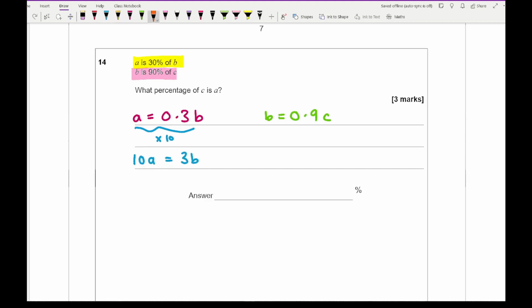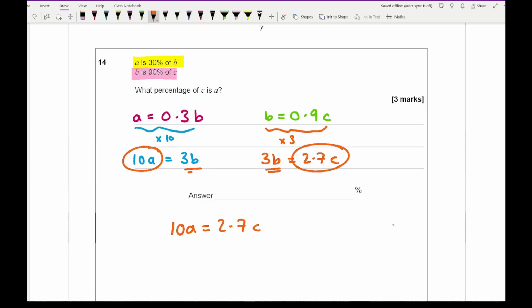If I then multiply the second by 3, I get 3B equals 2.7C. Now that my B's are the same, 10A must equal 2.7C. Then if I make A the subject, I get A equals 2.7 over 10 C.